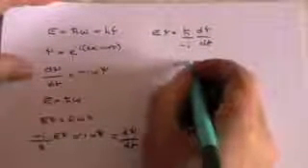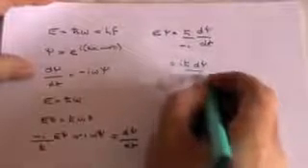But that equals d psi by dt. And so we can say that E psi equals h bar over minus i d psi by dt. And that's simply i h bar d psi by dt.